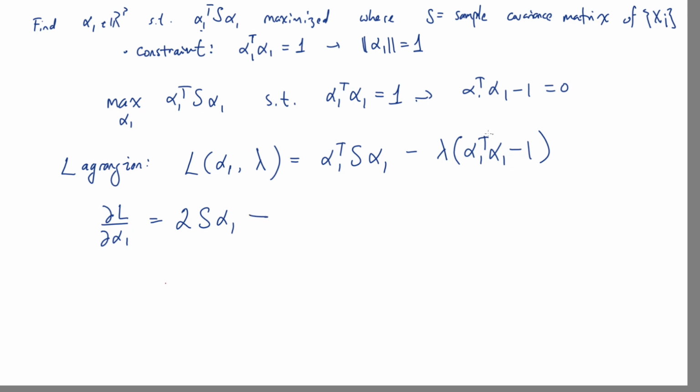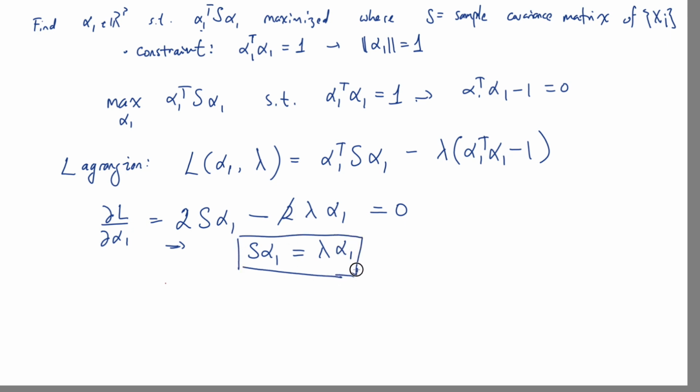And then to take the derivative here, this is a quadratic again, so this is going to be minus 2 lambda alpha 1, and we set it equal to 0. Now if you rearrange, you can cancel out the 2's, and what we get is S alpha 1 equals lambda alpha 1.